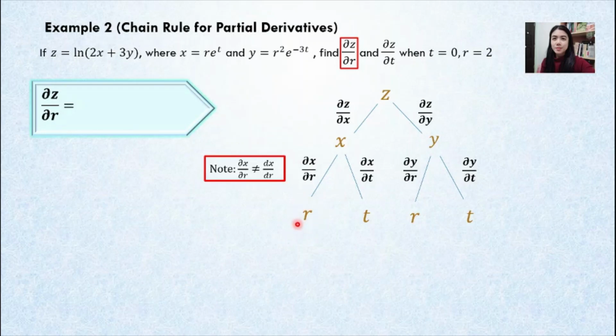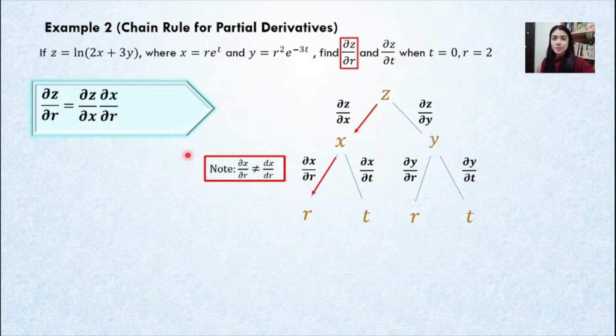It begins at the node z, and from node z moves to node x, and from node x moves to node r. Along the path, you can see ∂z/∂x and ∂x/∂r, so just multiply them. So you have ∂z/∂x multiplied with ∂x/∂r.